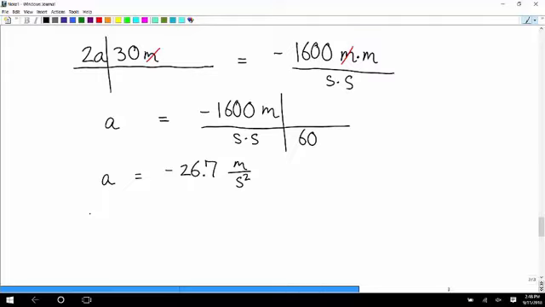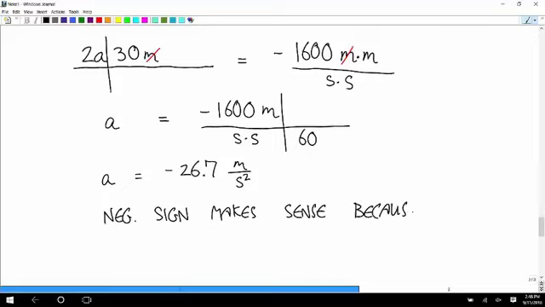Okay, so since the velocity is positive, we know the acceleration has to be negative. And you can always think problems through like that. So the negative sign makes sense because velocity is positive and it's slowing down.